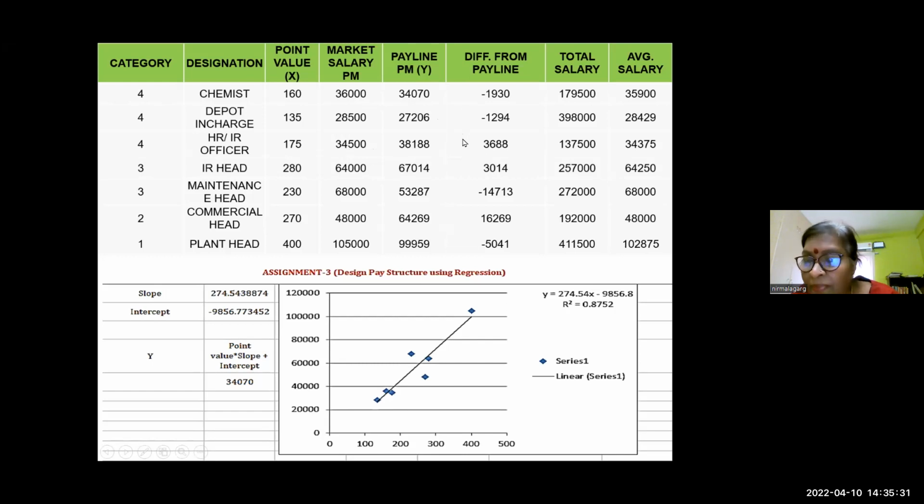But here you are doing regression. What is regression? Looking at the market data for all the jobs and the point values of all your jobs, and then looking at the internal parity, and that's how it's giving you this. So sometimes it can be lesser than the market, sometimes it can be more than the market.